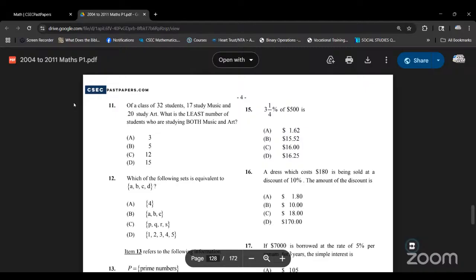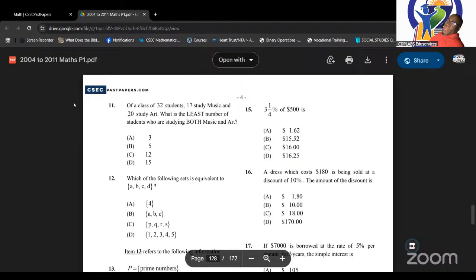So it would have to be... well, could be B. So 1/4%. In order to find 1/4%, you'll have to do what?